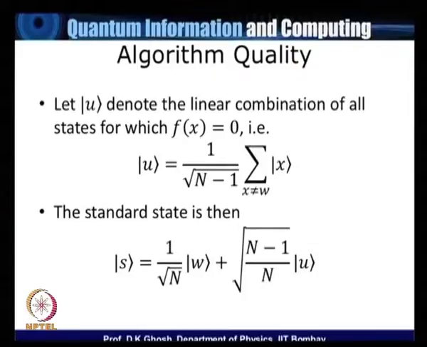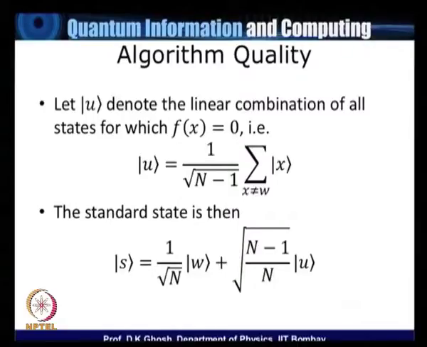We have said that I have a standard state which has a very large number, n minus 1, of basis states. Now, if you call them u, then since there are n minus 1 of them, I have normalized that state.